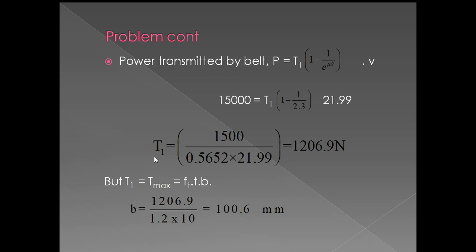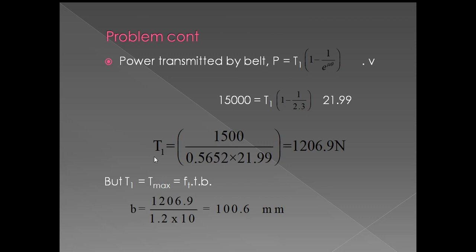Here area of the belt equal to thickness of the belt into width of belt. Design stress is given, thickness also mentioned. Here we need to find the width of the belt. So B equal to T1 by Ft into thickness of the belt.